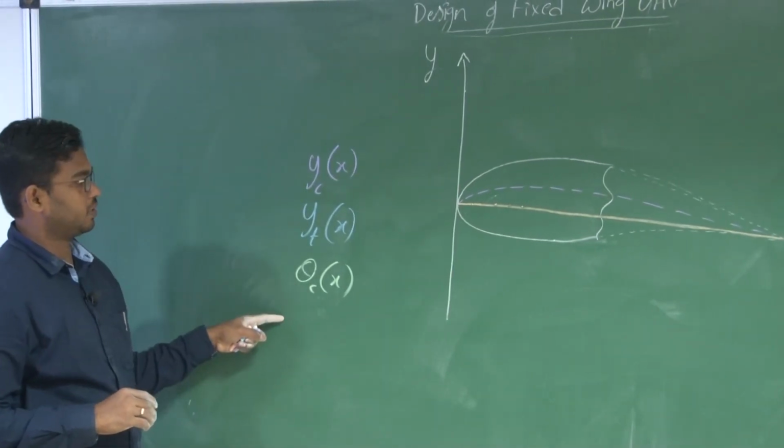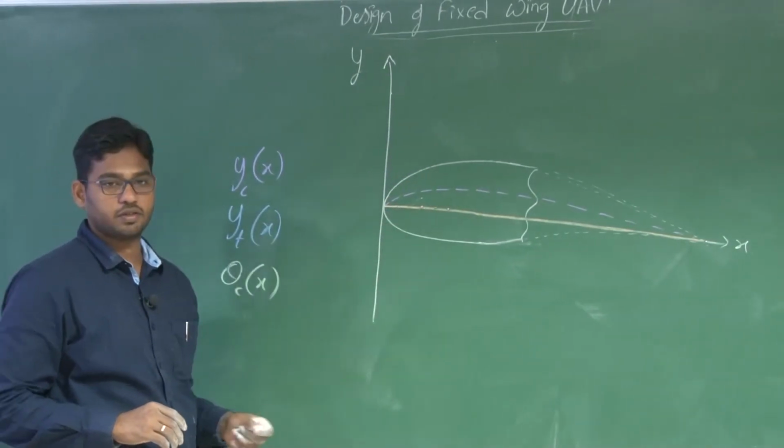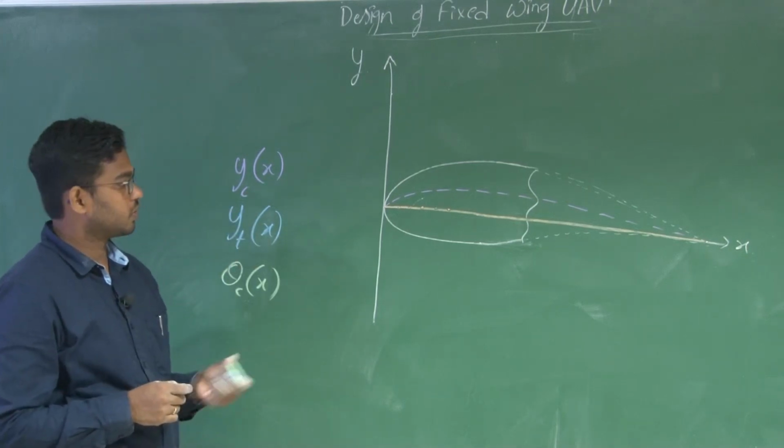If I have this information, then I will be able to figure out the corresponding upper and lower surface, right? Coordinates of the upper and lower surface. So let us see how.